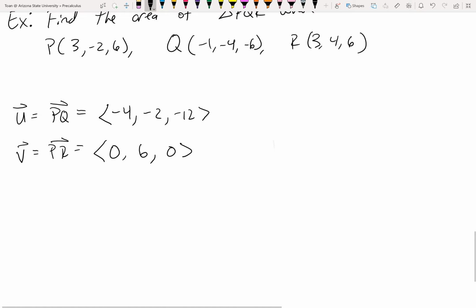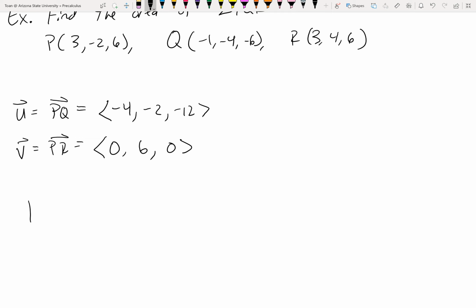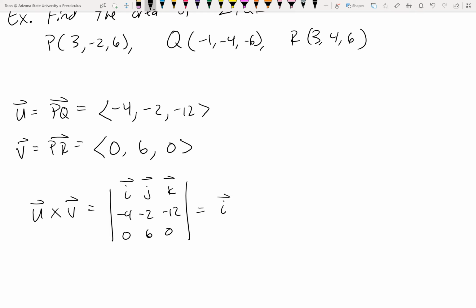So that's nice. Therefore, if I do the cross product, that is going to be i, j, k, -4, -2, -12, 0, 6, 0. I like all these zeros. That's nice. Makes it easy.